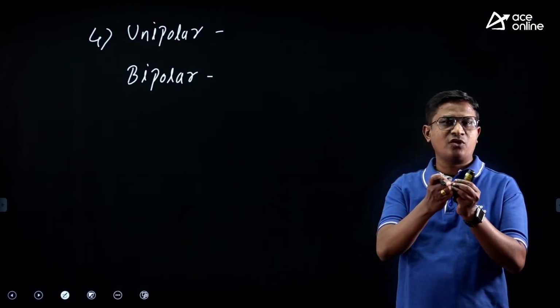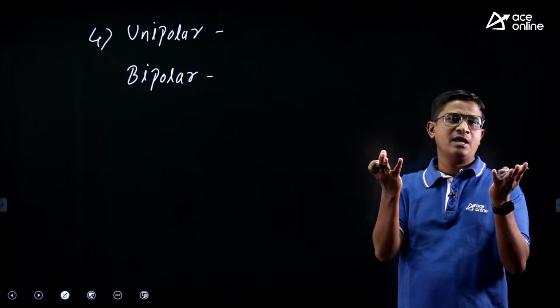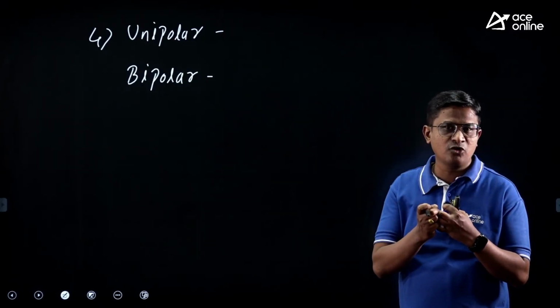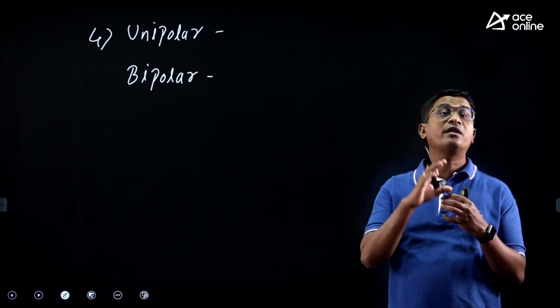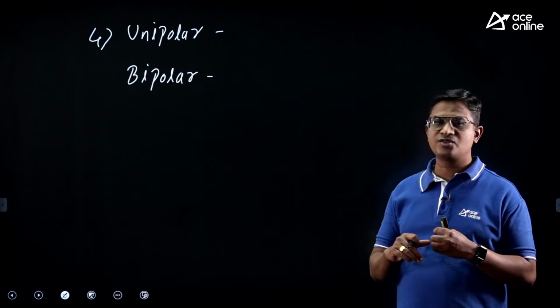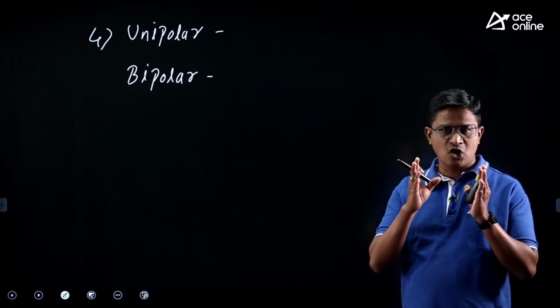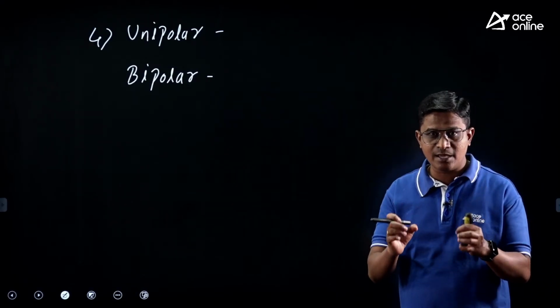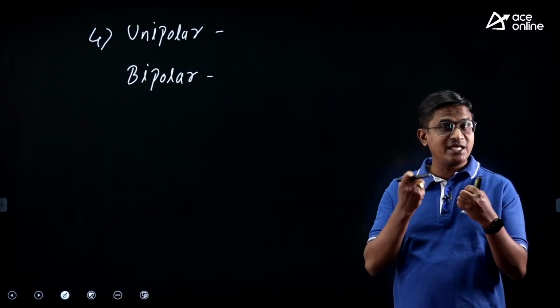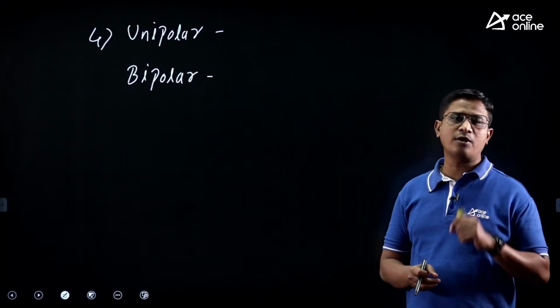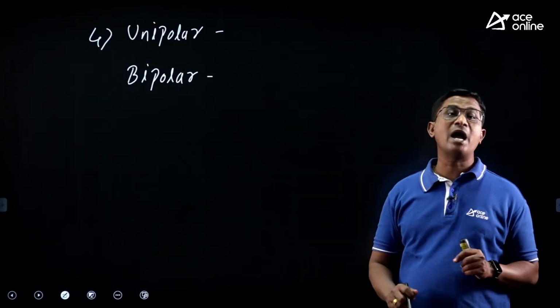When your switch is in the off state, if it is able to block only forward voltage or reverse voltage, then it is known as a unipolar switch. And a bipolar switch means when the switch is in the off state and it is able to block forward as well as reverse voltage during off state, then it is known as a bipolar switch.